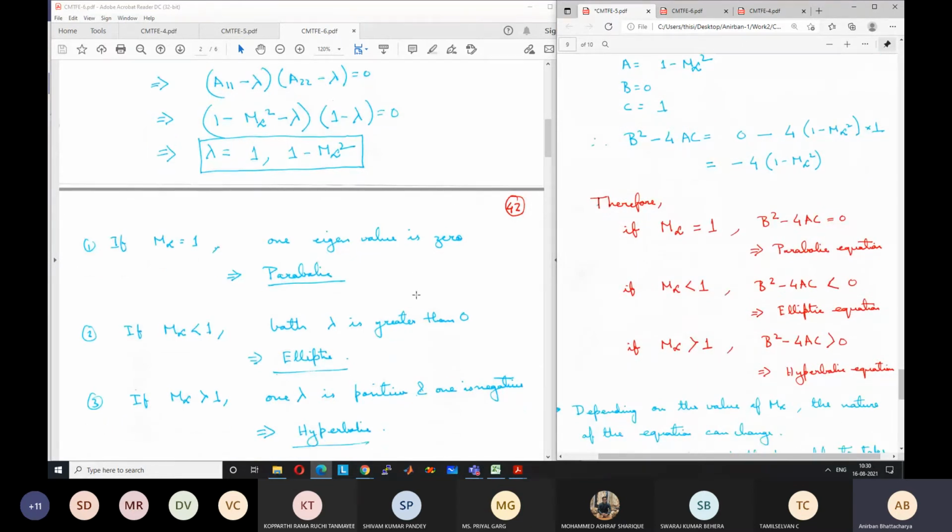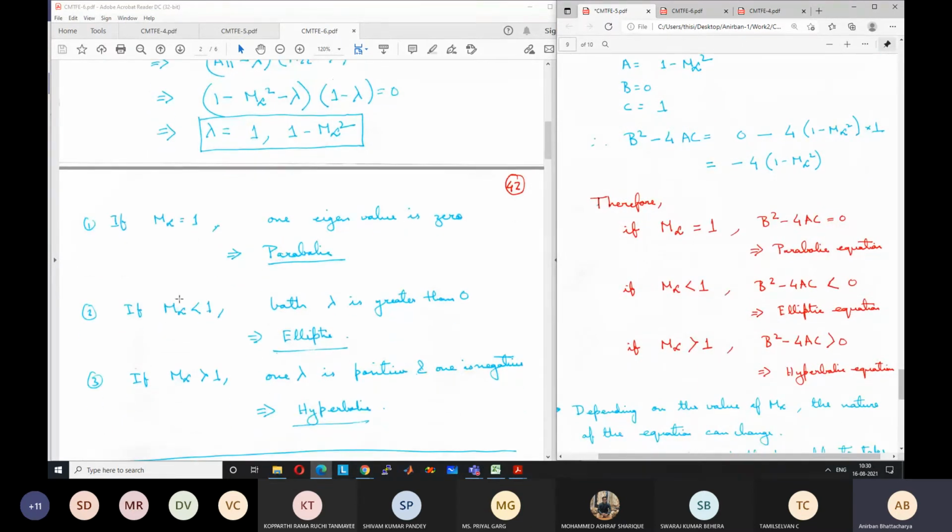But now from the general equation, we are seeing that if M infinity is less than 1, both roots are positive. Both lambdas are greater than 0. So based on our generalized equation, this should be an elliptic equation, and that is what we have already seen. And if M infinity is greater than 1, this lambda becomes less than 0.